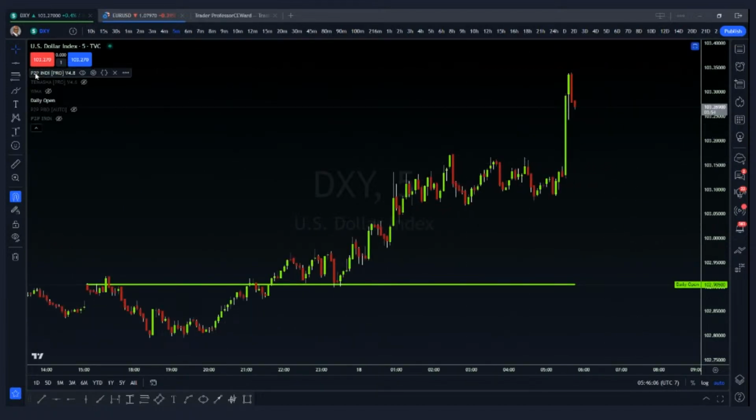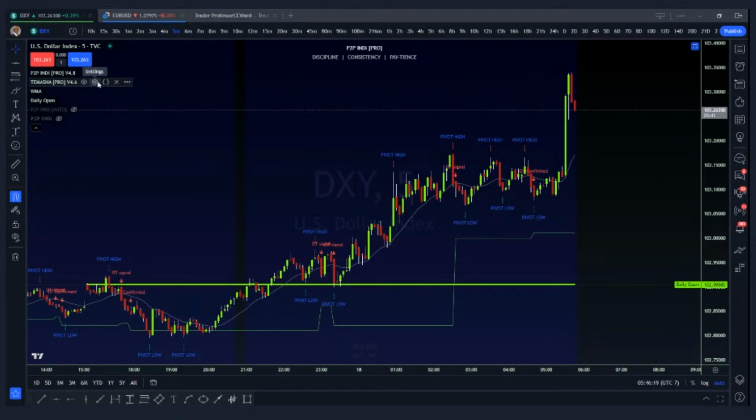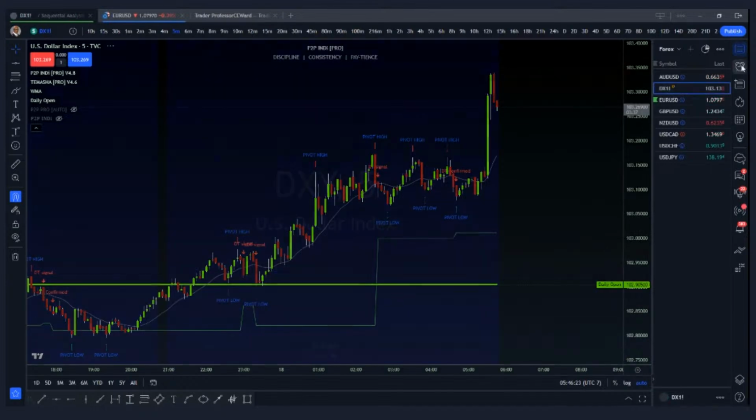Let me turn on some indicators that we created using Pine Script on here. So let's see what we got here. I'm going to go to futures Dixie.